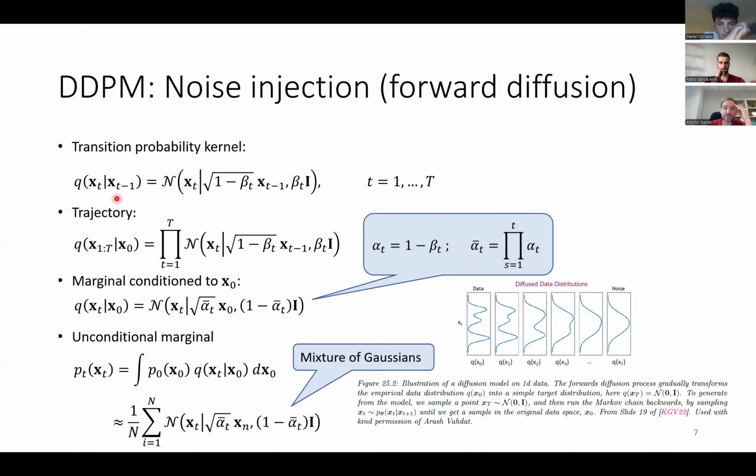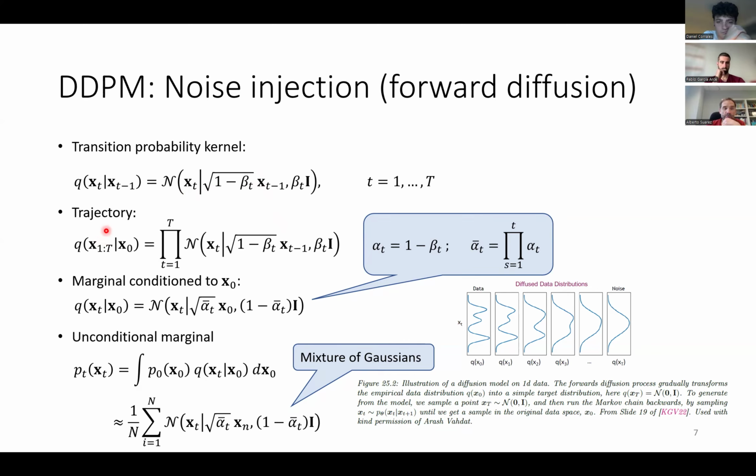The transition probability kernel, as we have seen, is this one, a Gaussian. This is the variable of the Gaussian, and this is the mean of the Gaussian. So I'm generating x of t, the image with a t level of noise, from the image with slightly less noise, t minus 1.